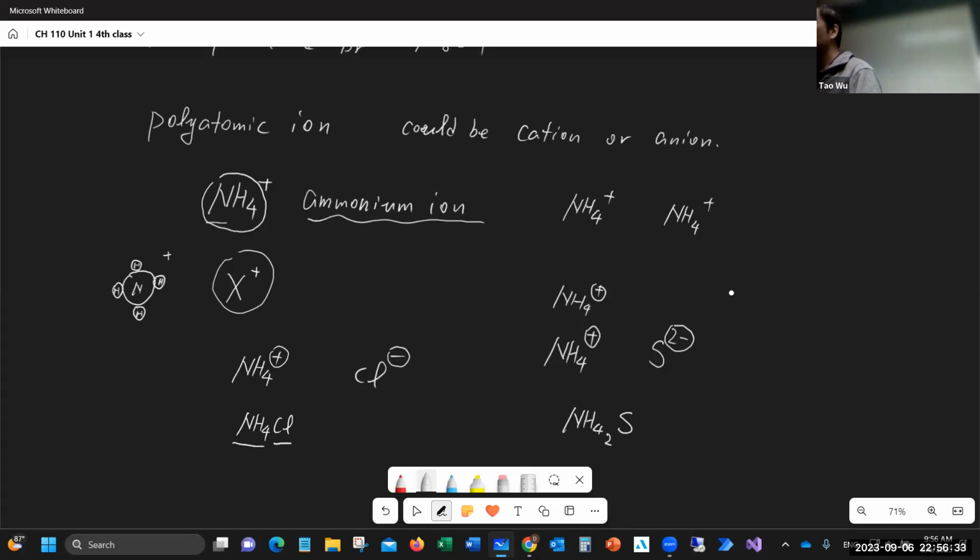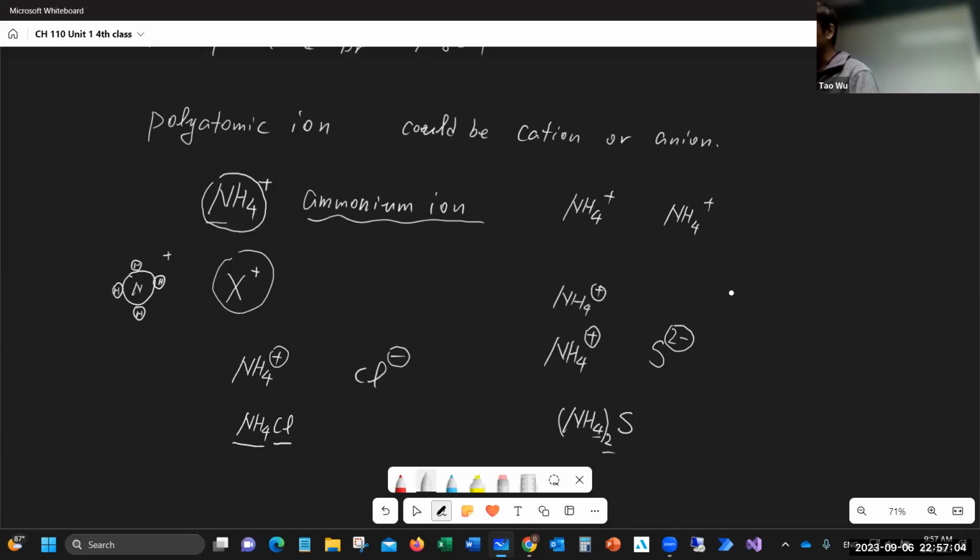So if you write 4 up there and you also write 2 up there, it is going to confuse people. If you change the structure or the numbers a little bit, it could be a completely different thing. So to avoid this situation, you have to have a parenthesis to cover the polyatomic ion.